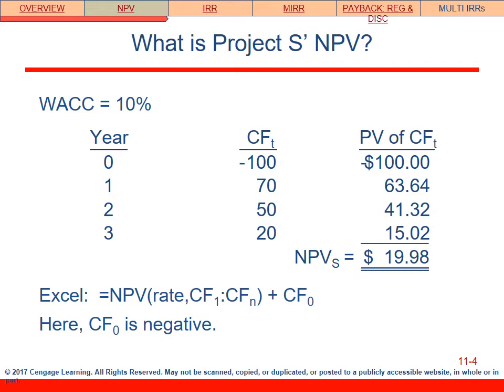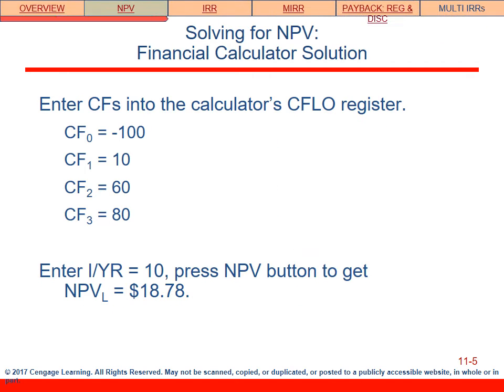However, rather than use the formula or Excel, we'll be using our financial calculator. So for Project L, we're going to input each of the cash flows into our calculator's cash flow worksheet. We're going to enter in the 10% cost of capital, press the net present value button to get $18.79 for Project L. It's a little bit more involved than what you see on the screen.